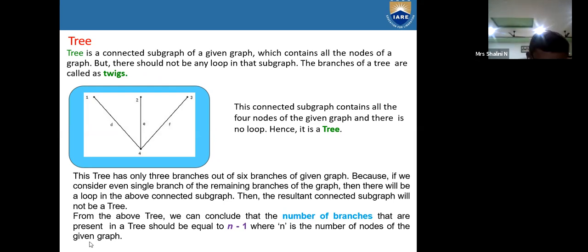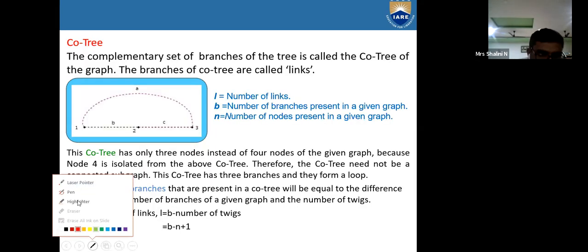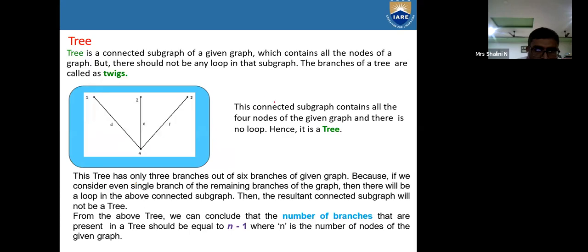What is the previous diagram? This is your previous diagram. Okay, nodes 1, 2, 3, 4. I want to form a tree.